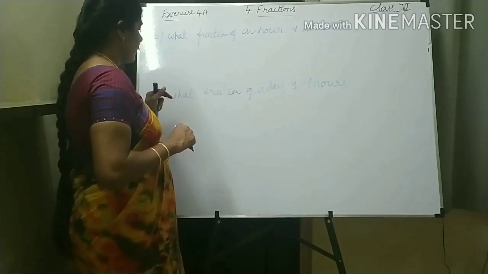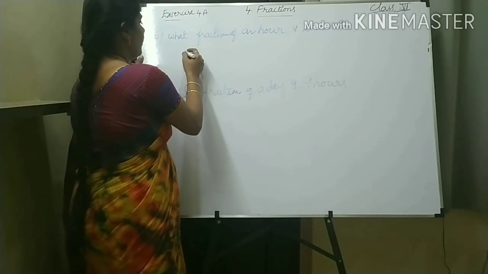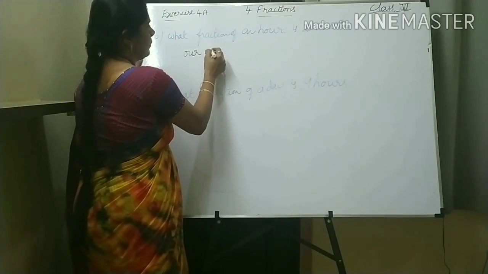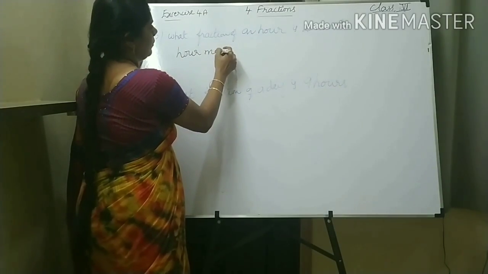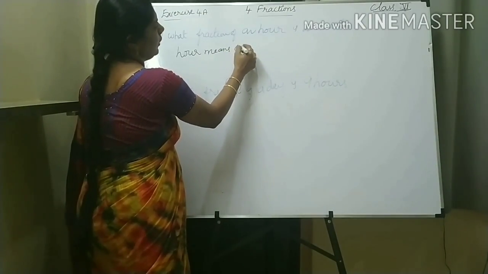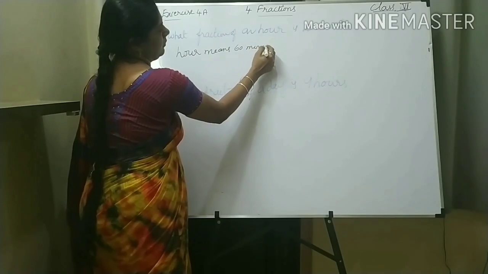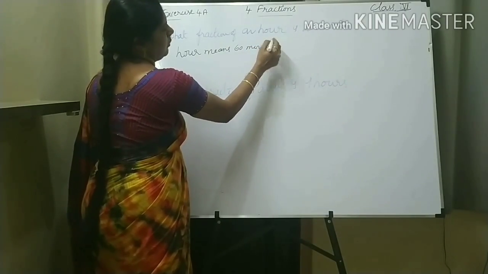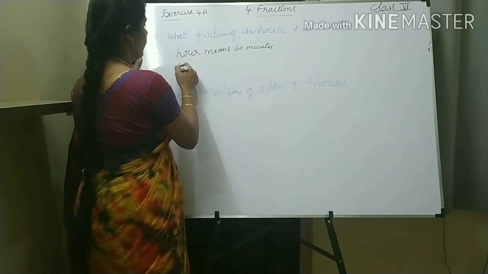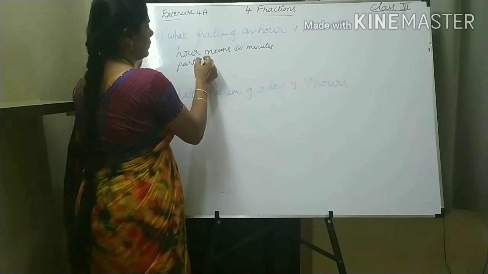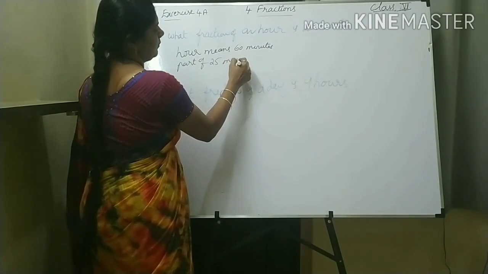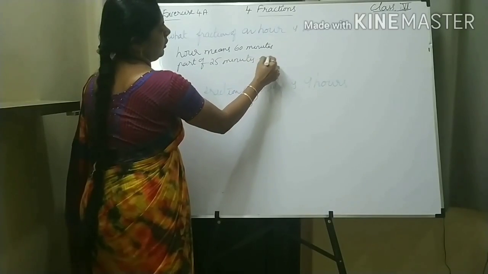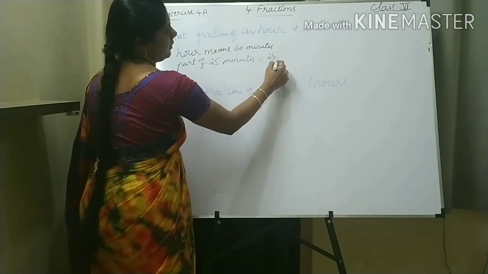Understood? Now what fraction? An hour means 60 minutes. So the part of an hour that is 25 minutes is equal to 25 by 60.